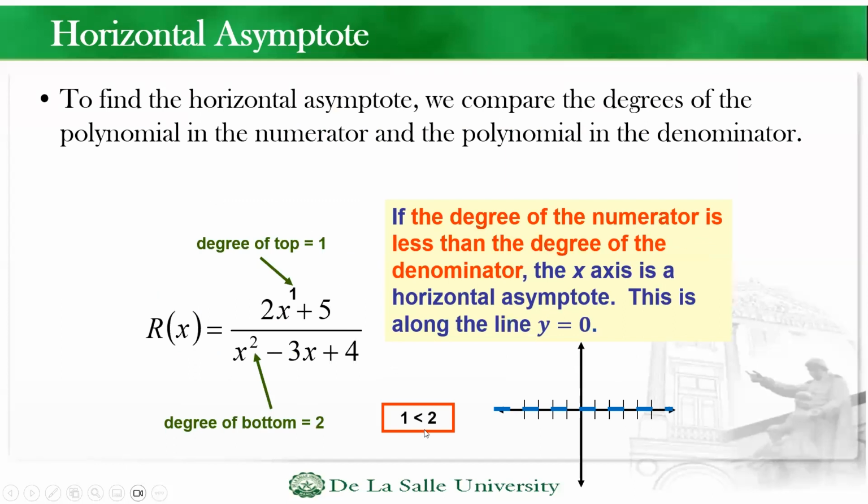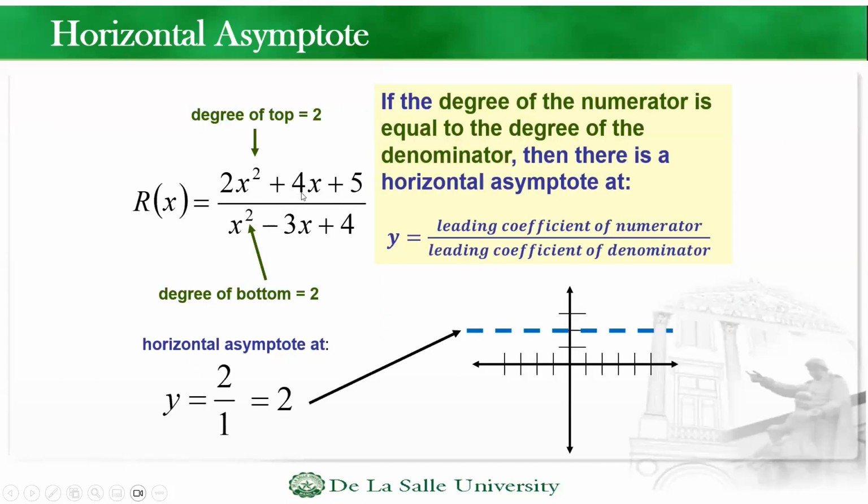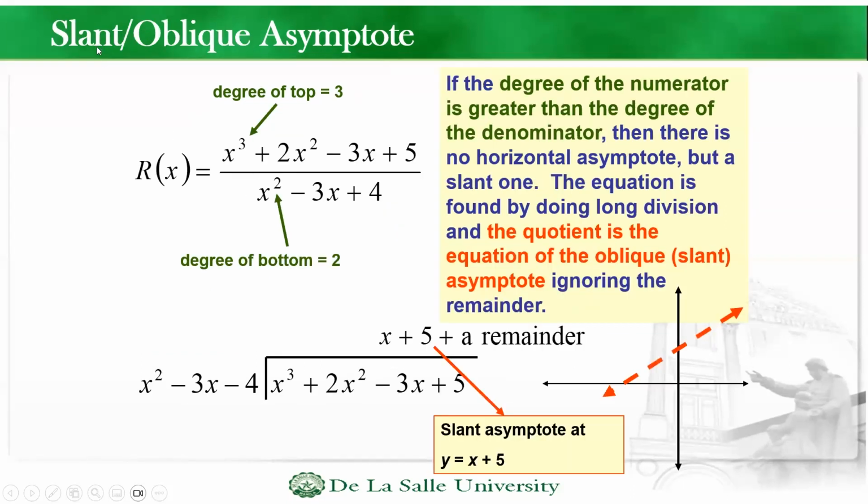So wala tayong problem if the degree is less or if the degree is equal. The problem, guys, is if the degree is greater. So this is what you call the slant or oblique asymptote, the third type of asymptote that we have. So mas mataas ang degree yung top kaysa sa bottom. What we do here is, let's do long division.